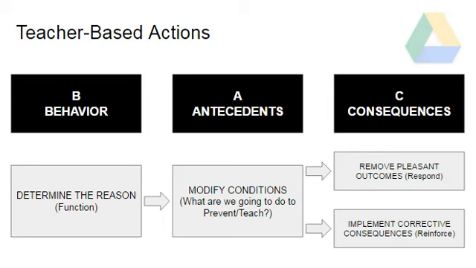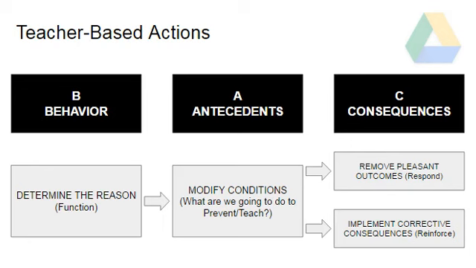Several examples of preventing negative behavior and teaching desired behavior are providing lessons to teach the student how to behave responsibly, modifying work that is too difficult for the student who is not completing assignments. These are some things to keep in mind in the modify conditions area under the antecedents column in the table.